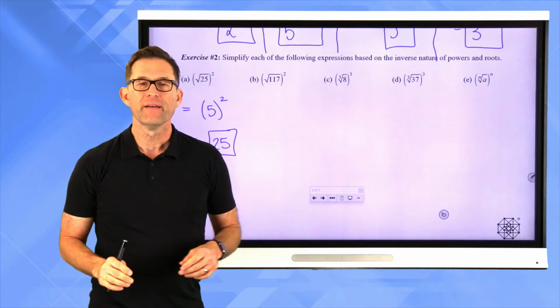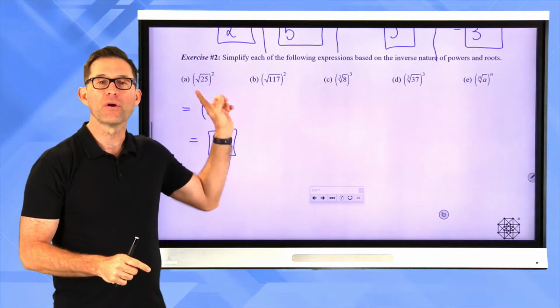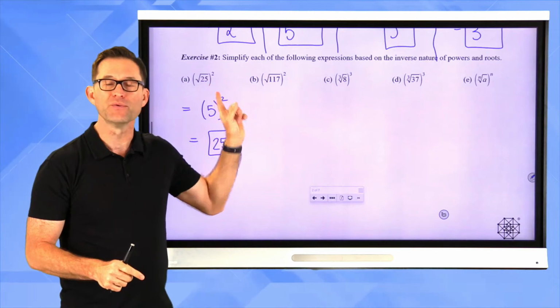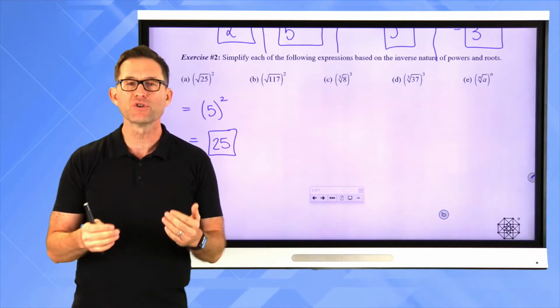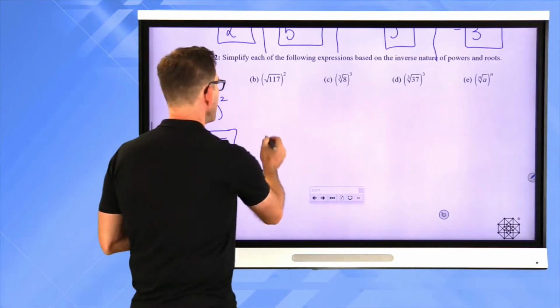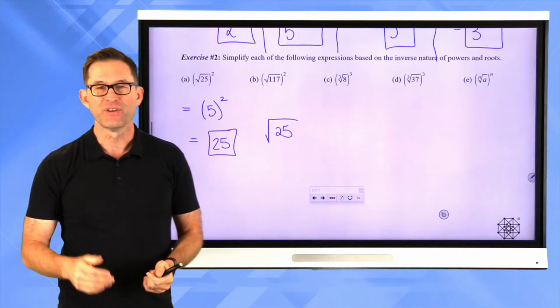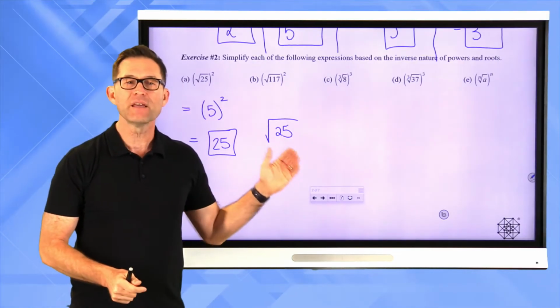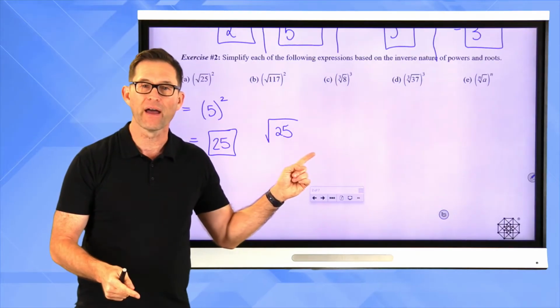Now, it's not a coincidence that we got the number that was originally under the square root symbol. Because if you remember way back to when you originally thought about what this was, your teacher always said that's equal to the number that when you square it gives you 25.